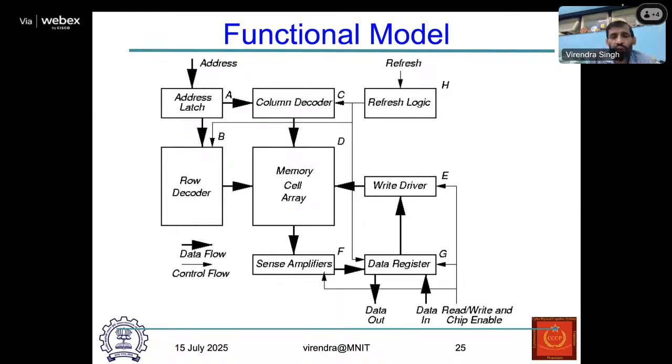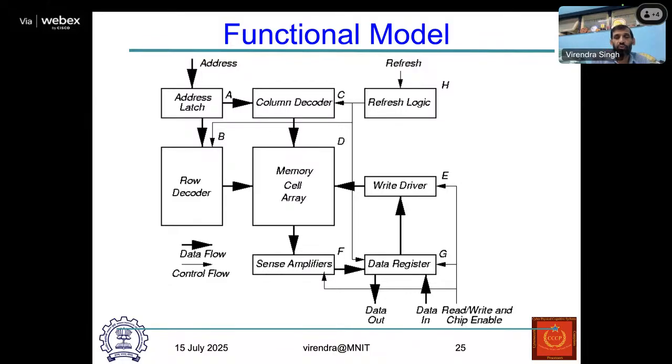This is what we do in SRAM. However, in DRAM, we are storing the value 0 or 1 in the form of a charge, and if you keep on reading that particular cell, that charge may keep on reducing, and after a while the potential may drop below a certain value, and then you may start to infer 0 instead of 1.